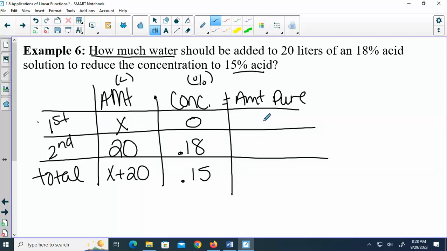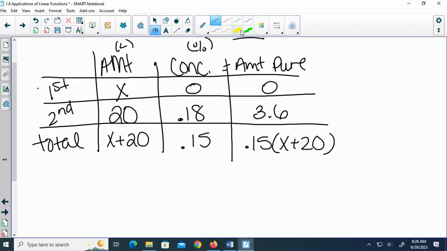So I'm going to multiply x times 0 is 0. 20 times 0.18, 3.6. And we have 0.15 times x plus 20. This column is your equation. You add the first and second to equal your total.